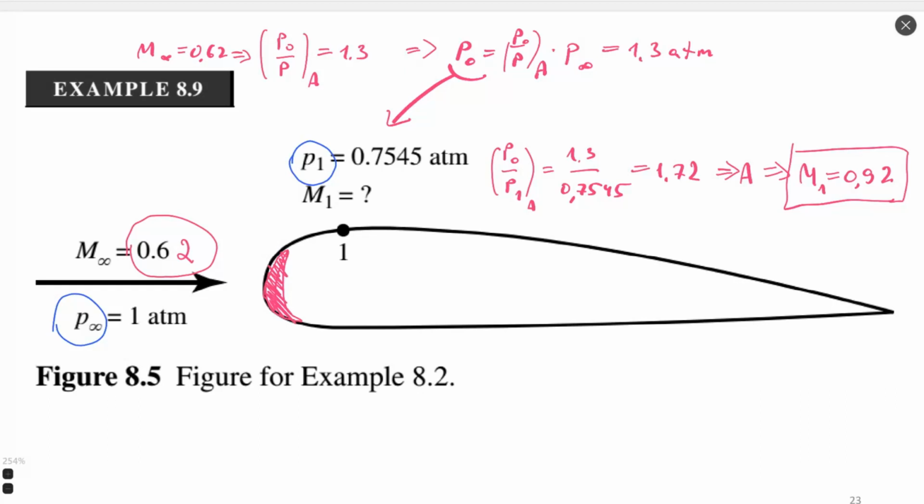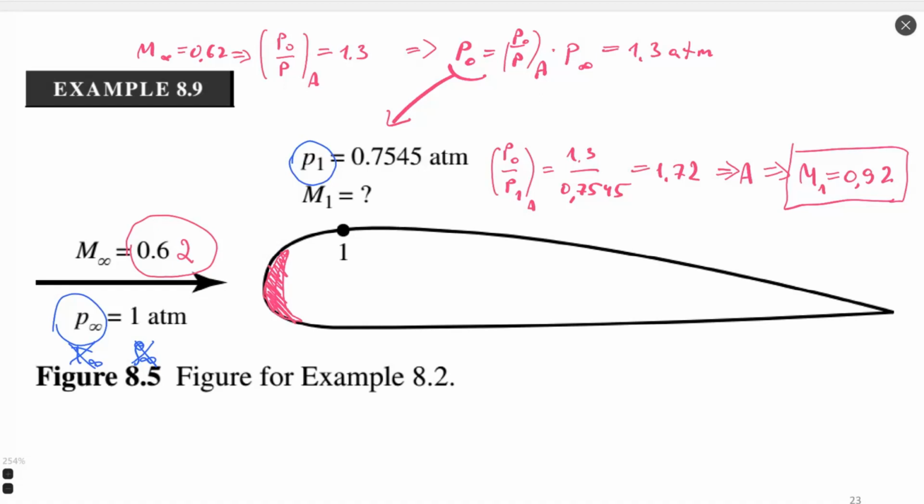So I need to have either the temperature at infinity, or the density at infinity, some of these values, to be capable of calculating the temperature of stagnation for this system. Since in my example I had neither temperature nor density, I cannot have any idea about which temperature we have at point 1.